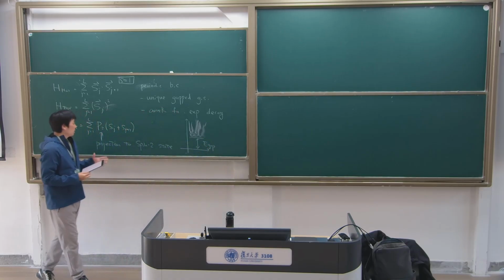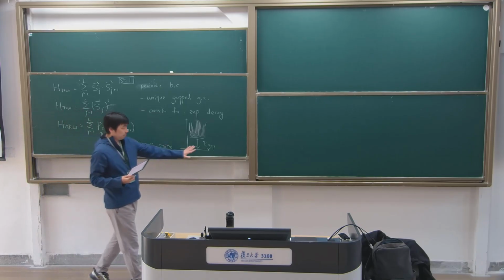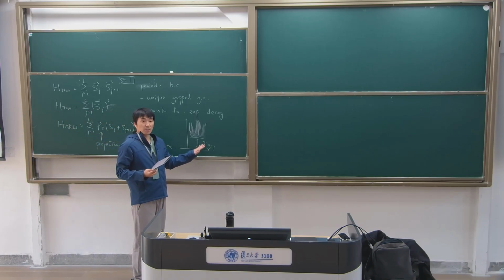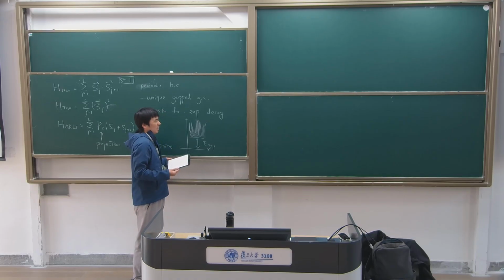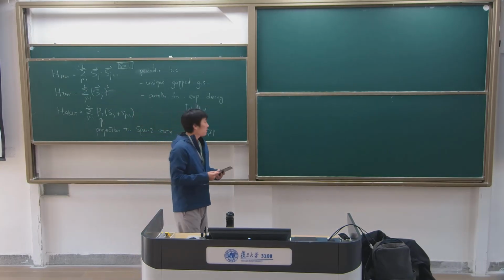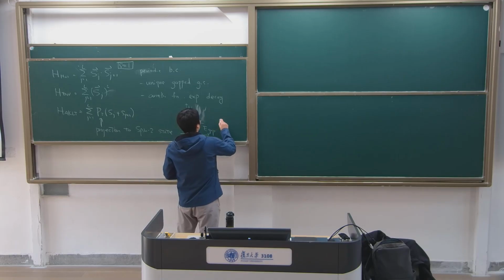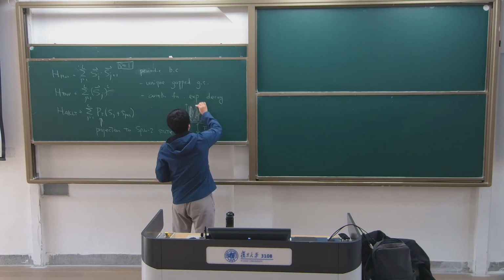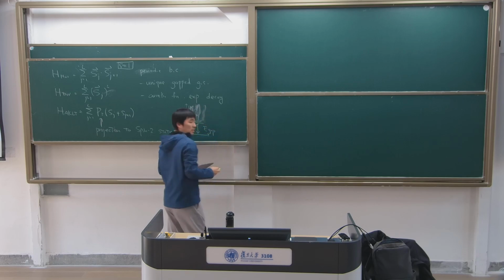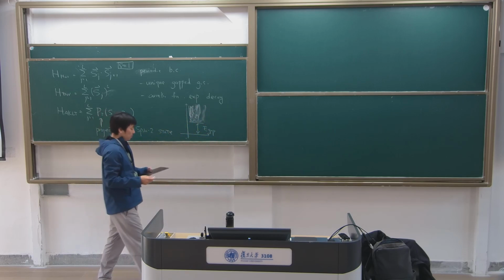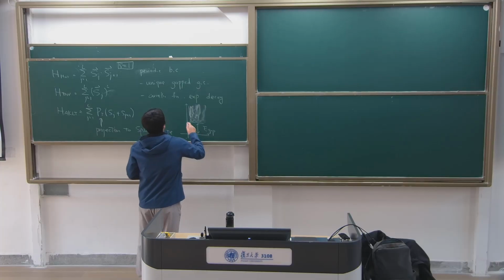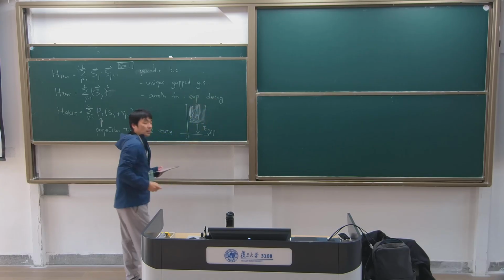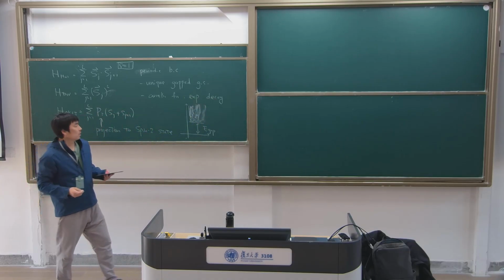For AKLT, we didn't show this gap explicitly, but one can show this gap. It's not that difficult, but the analysis is kind of involved, and it's going to be boring to show this gap. So rather than doing that, we show that this is exponential decay by using a matrix product state.